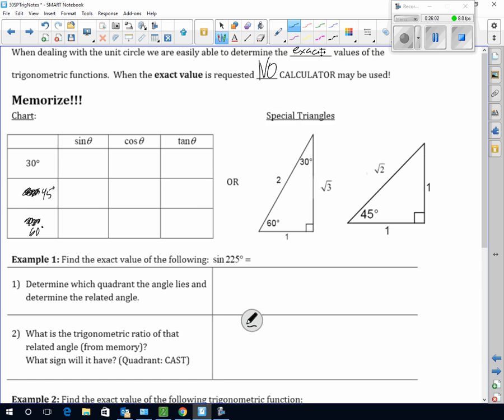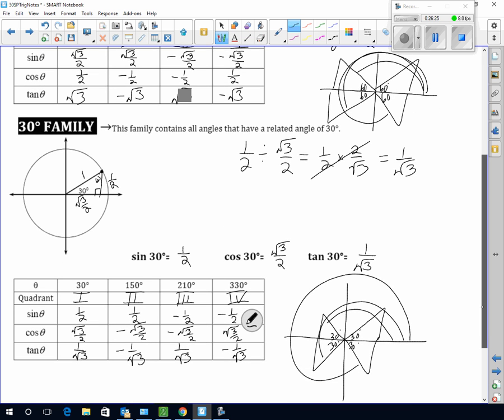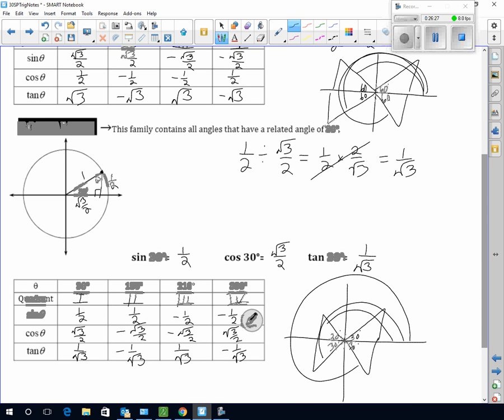I don't know if you saw a little bit of similarities between the 60 family and the 30 family, that it was just the cos and the sine. Like if we go back to the last page, do you see that sine of 60 degrees is the same as cos of 30 degrees?